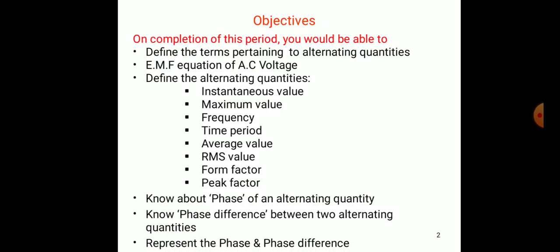Phase difference between two alternating quantities, how much they deviate from the first quantity to the second, and representing the phase and phase difference in the circuit.